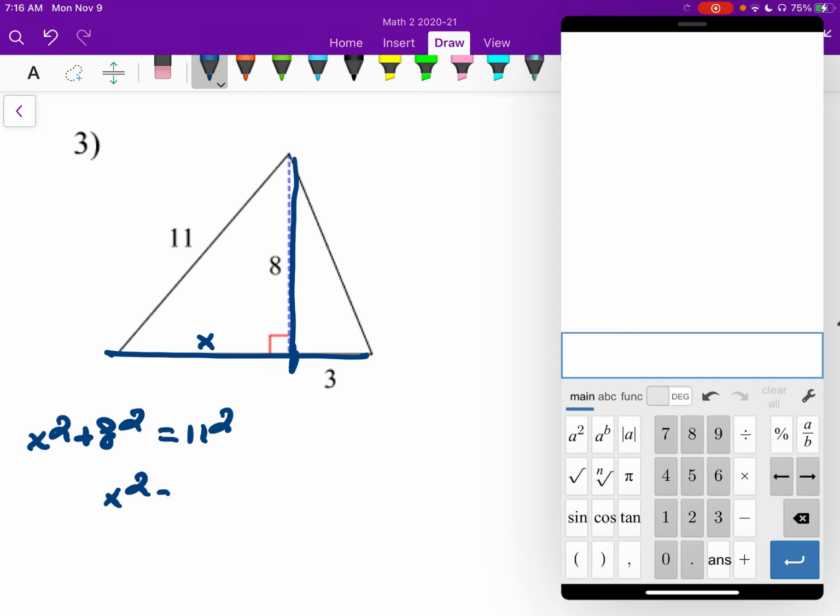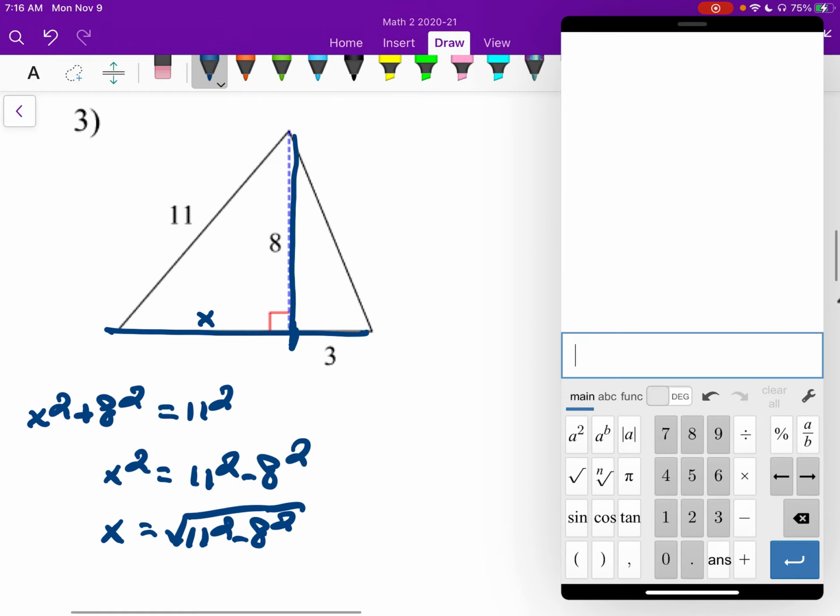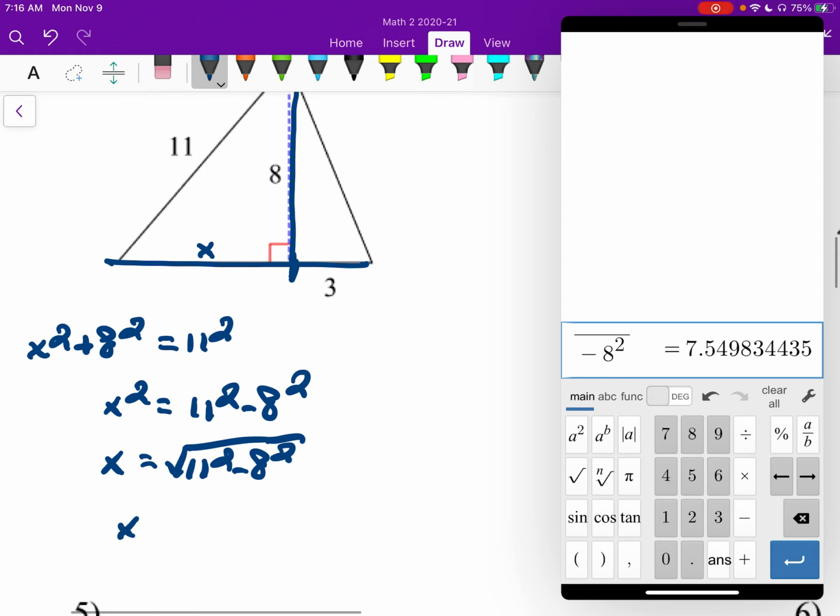So x squared is 11 squared minus 8 squared. So x is root of 11 squared minus 8 squared. The value in this is that you can just type the whole thing in all at once. So I'm going to say root 11 squared, there's a square button, minus 8 squared. So x is 7.5. We'll just say 7.5.